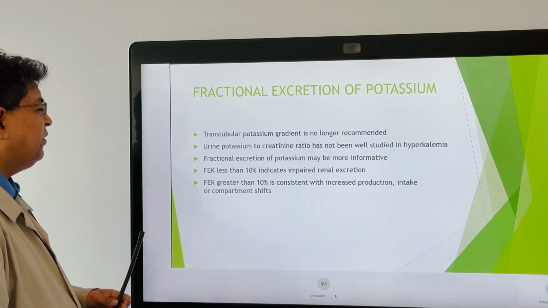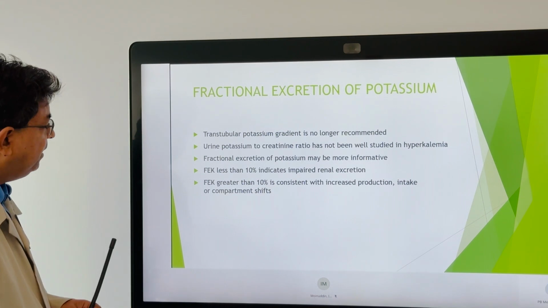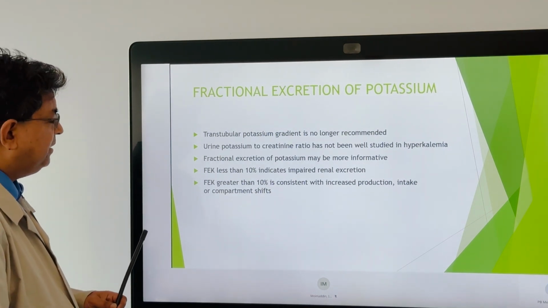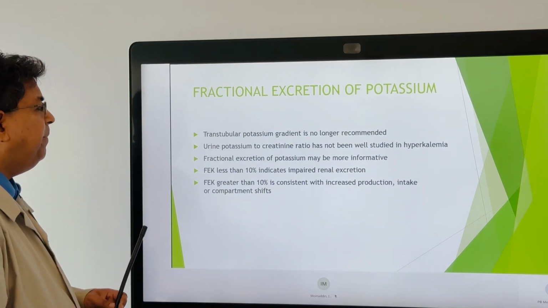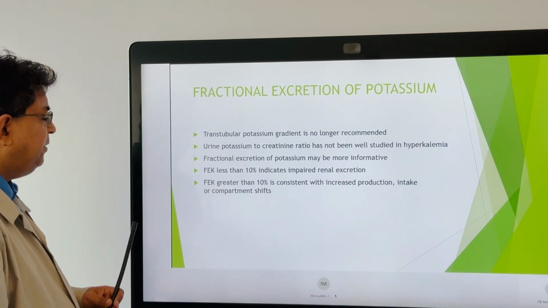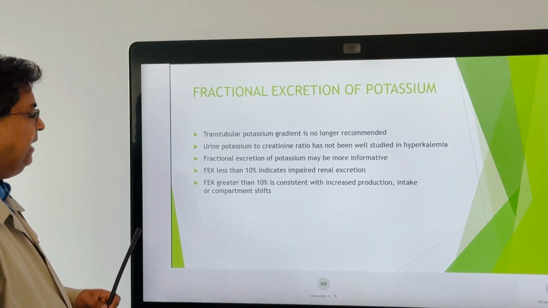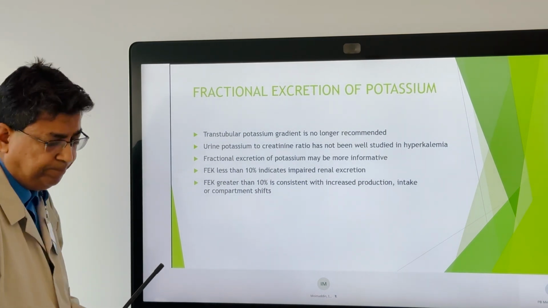The fractional excretion of potassium may be more informative. The fractional excretion of potassium less than 10% indicates impaired renal excretion. Fractional excretion of potassium greater than 10% is consistent with increased production, intake, or compartment shifts.